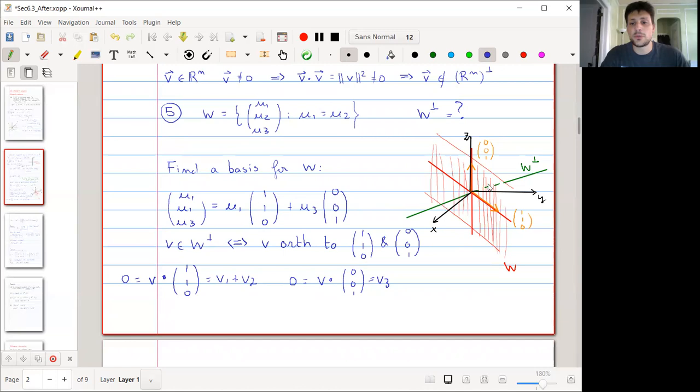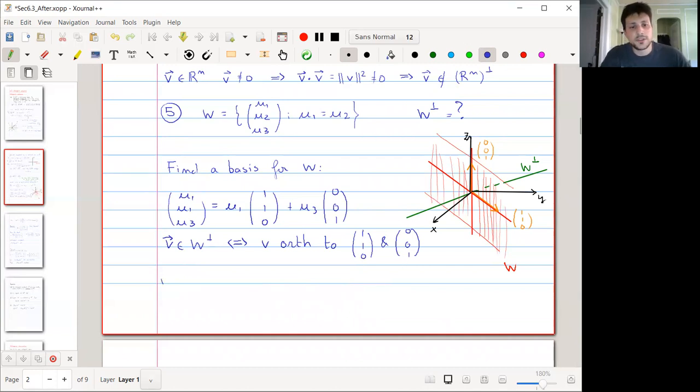So how do we determine what that line is? Well, for a vector V to be perpendicular to all the vectors in W, it's enough that it is perpendicular to a basis of W, these two vectors here, the vectors (1, 1, 0) and (0, 0, 1).